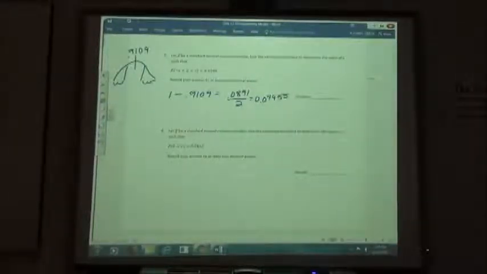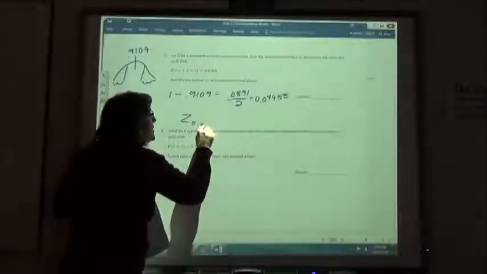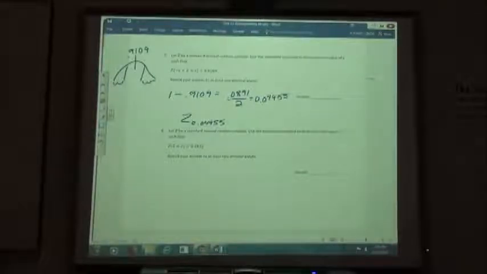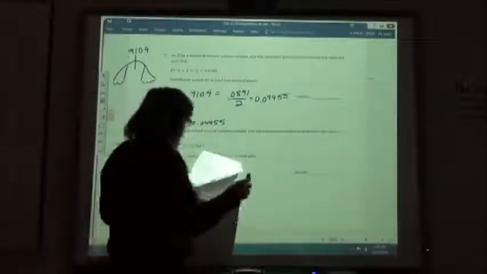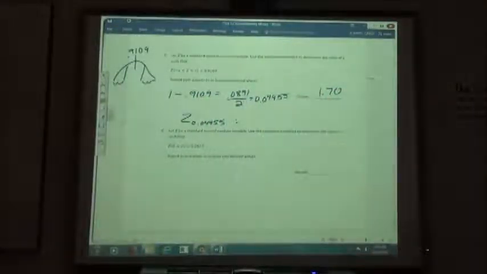Okay, once we find that number there, now we're going to find the z-score that goes with that answer. So we're going to now do the z sub 0.04455 on the calculator. 1.70 will be my answer.